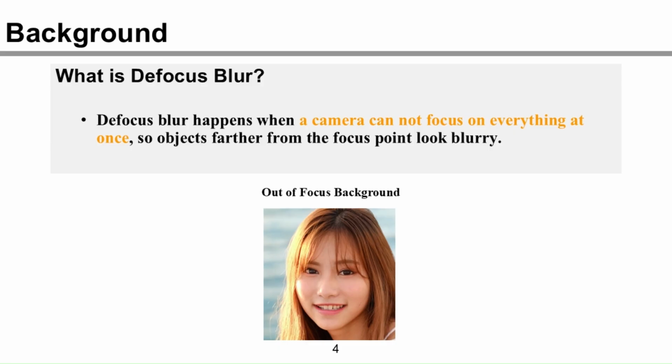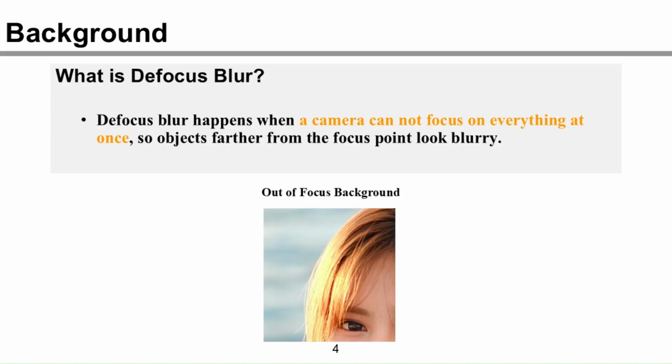So what exactly is defocus blur? It happens when a camera cannot focus on everything at once, so objects further from the focus point look blurry. As you can see in this very strong example, this is an out of focus image.